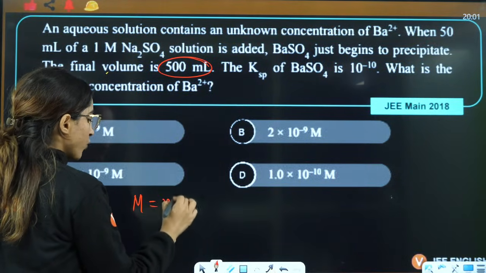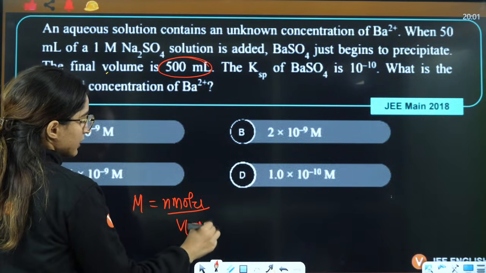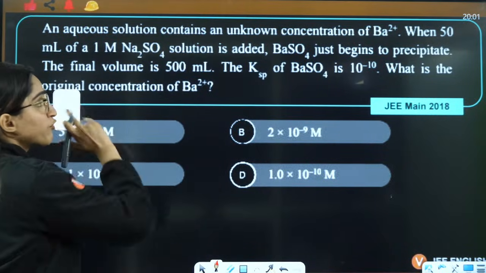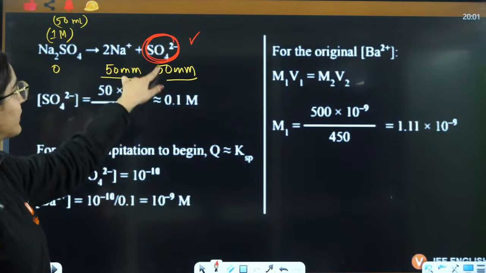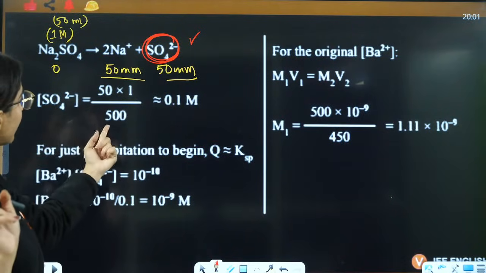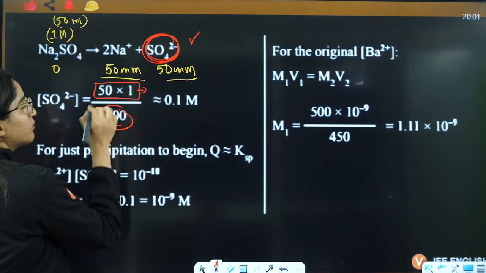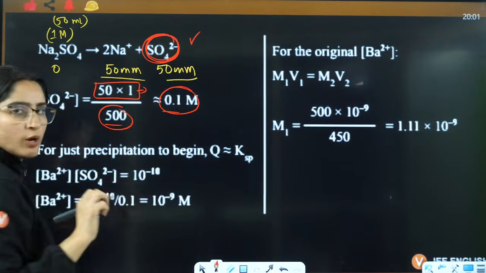Molarity is millimoles divided by volume in milliliter. For Na2SO4, it is 50 millimoles divided by the total volume, and that comes out to be approximately 0.1.